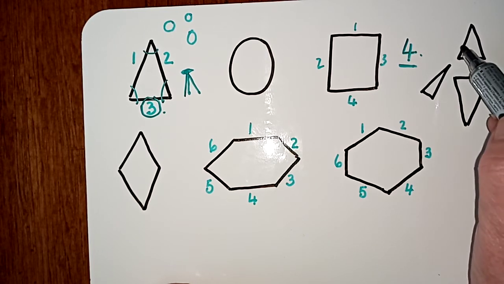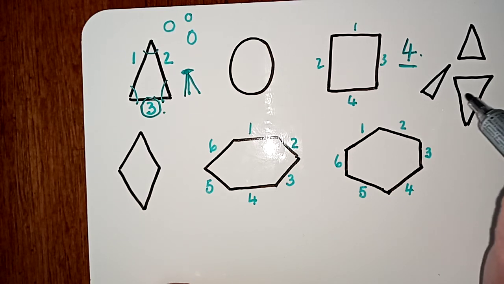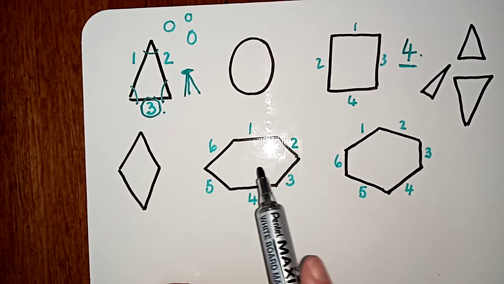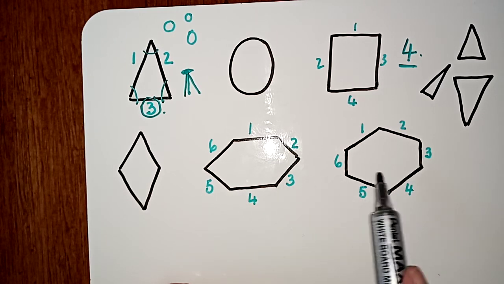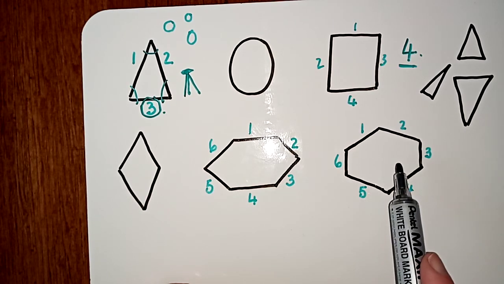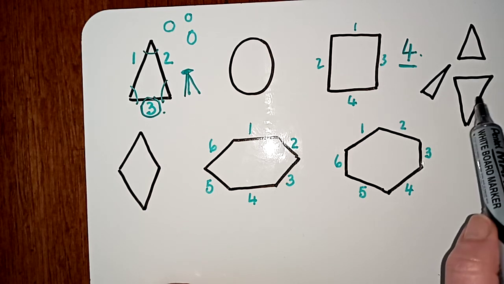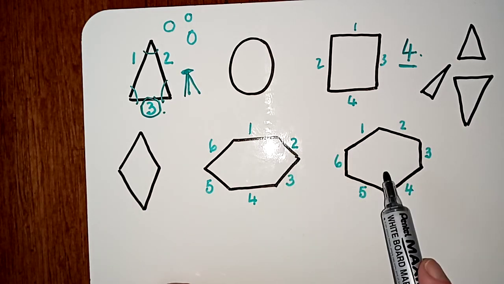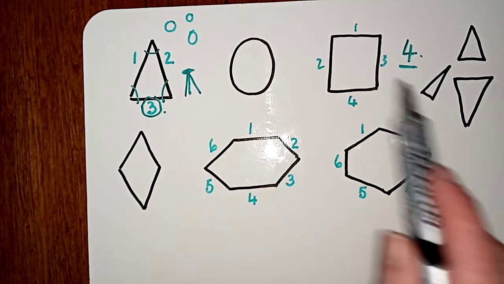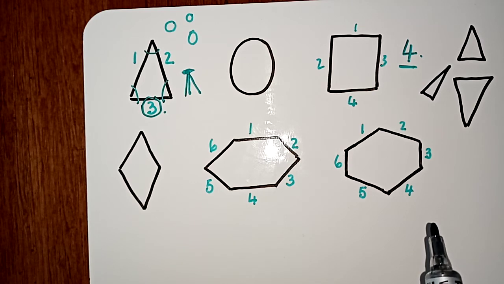As long as it has 3 sides, its name is triangle, because tri means 3. So even though these two shapes look different, again, they both have 6 sides. So like those triangles, they're different, but they have 3 sides, so they're triangles. 6 sides, they're hexagons.